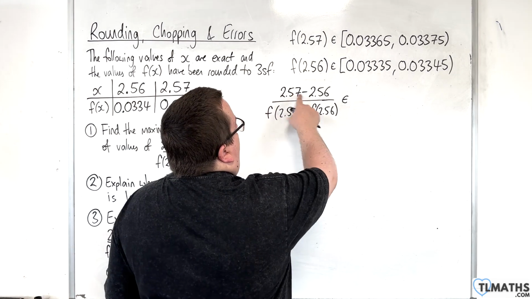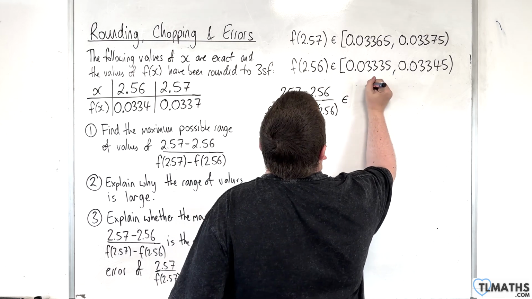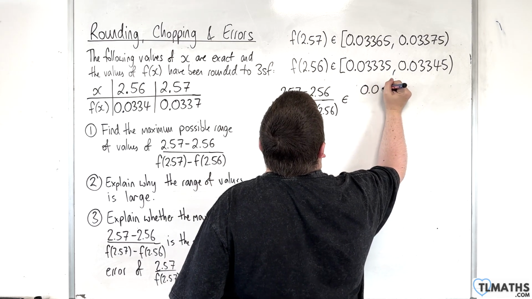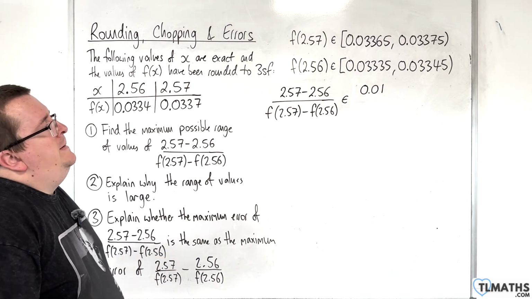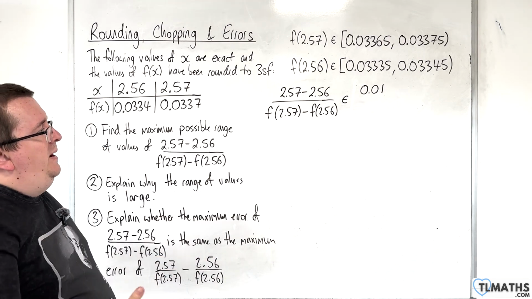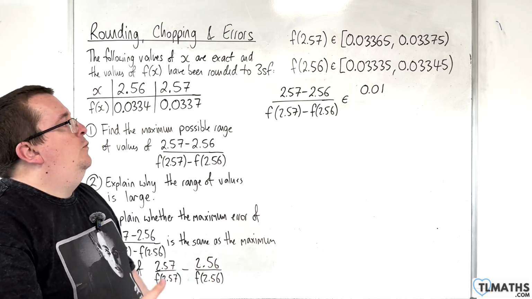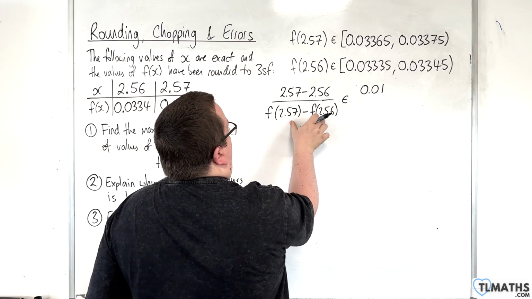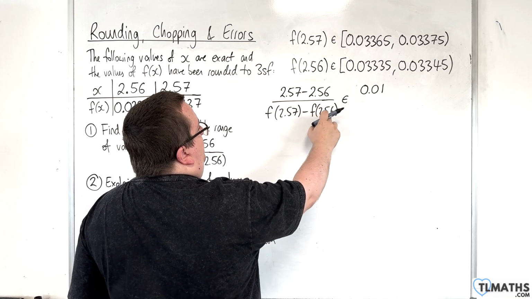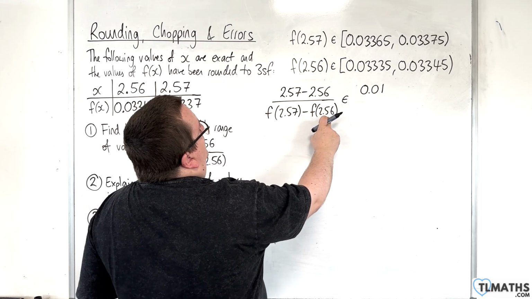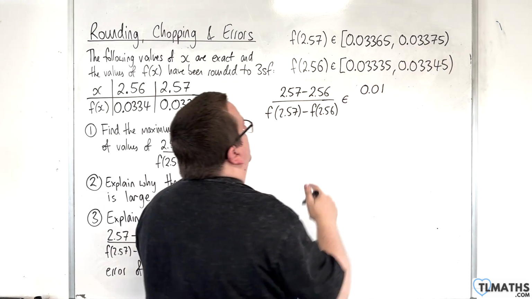So we know that the numerator will just be 0.01, sorry, 0.01 rather than 0.001. And the denominator, because we want the overall value to be as small as possible, we want the denominator to be as large as possible. So we want this one to be as large as possible and that one to be as small as possible. So we want to use that one, take away that one.